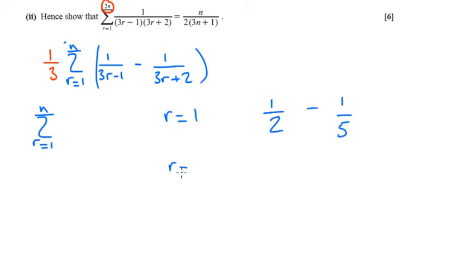When r is 2, we're going to have 1 over 5, take 1 over 8. When r is 3, we're going to have 1 over 8, take away 1 over 11. And you can see these terms are going to be cancelling with the first term on the next row.